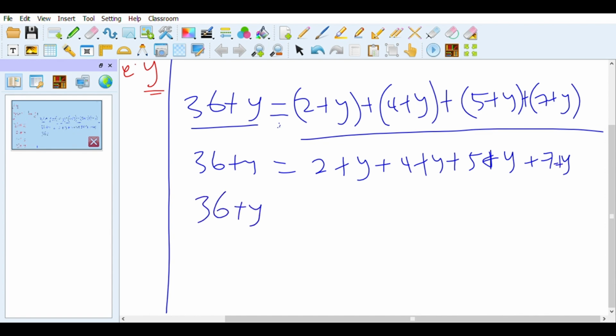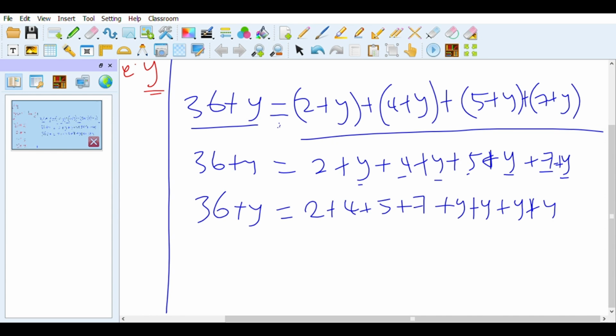Numbers are like terms, and the same letters are like terms. So all the numbers, 2 plus 4, plus 5 plus 7, and then we'll collect the letters, y plus y plus y plus y.